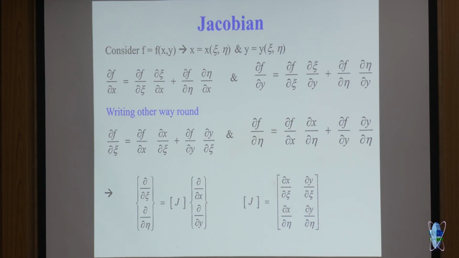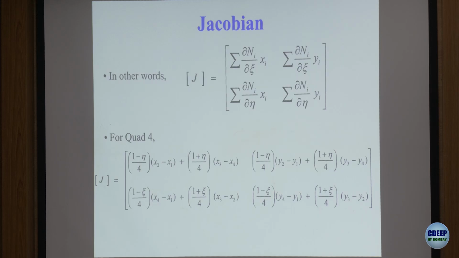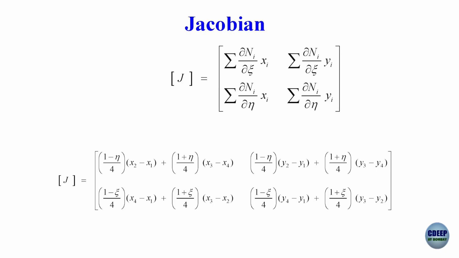Now, to get the derivatives in terms of x and y, we used the Jacobian, okay, which relates the derivatives in one coordinate frame to another coordinate frame. It is a 2 by 2 matrix irrespective of the element, because it is 2 coordinates x and y and 2 coordinates zeta eta. So, that transformation is only a 2 by 2 matrix. So, for a 4 node element, we have written down the expression for the Jacobian.